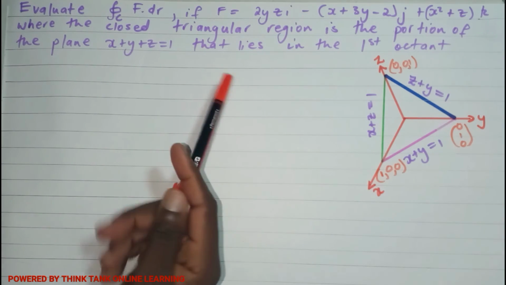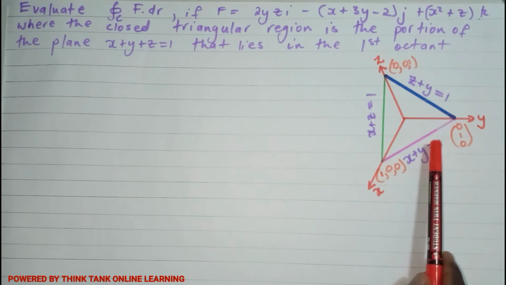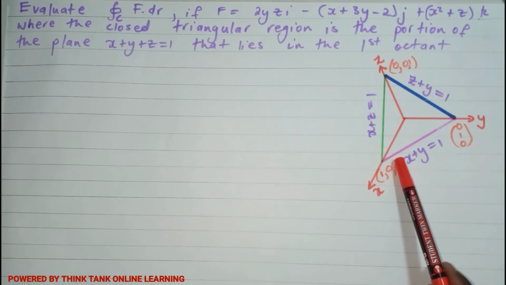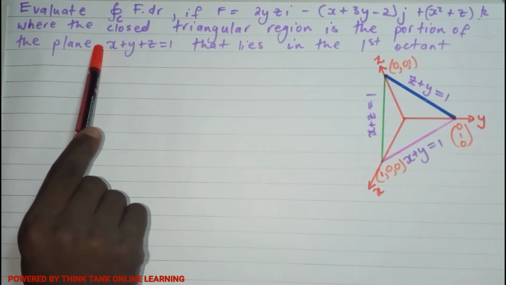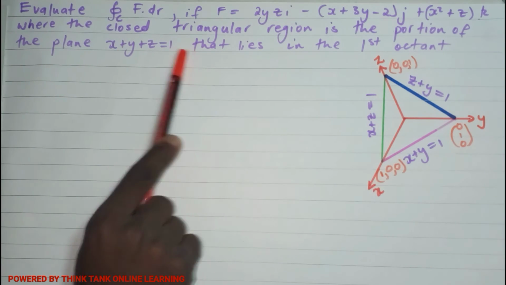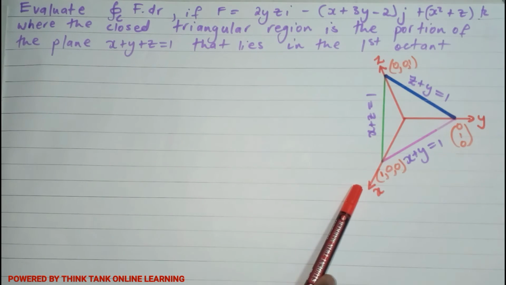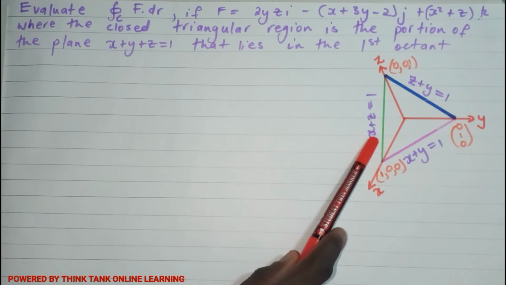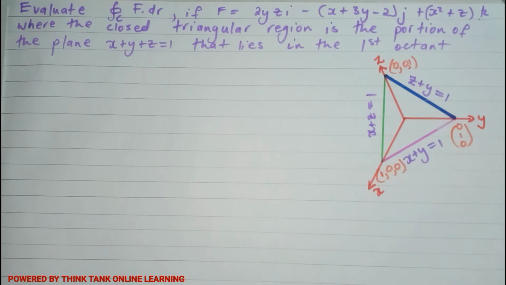I've tried to draw it. In the xy plane z equals 0, so we have x plus y equals 1. Then in the xz plane y equals 0, we have x plus z equals 1, just like in the xy plane.